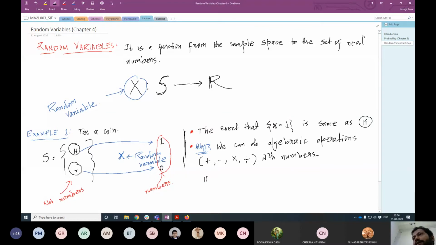So if I write say head plus tail, this doesn't have any meaning. This doesn't make any sense.